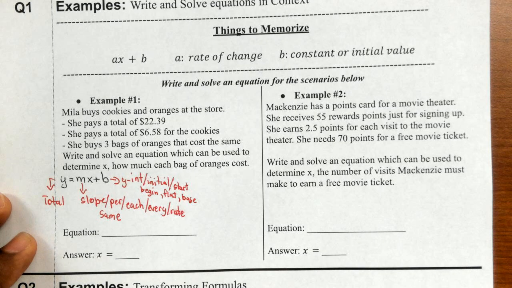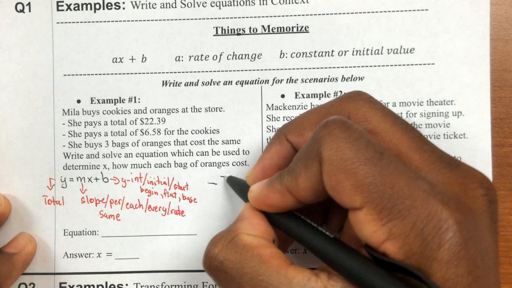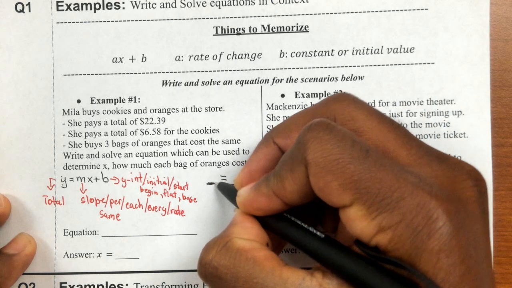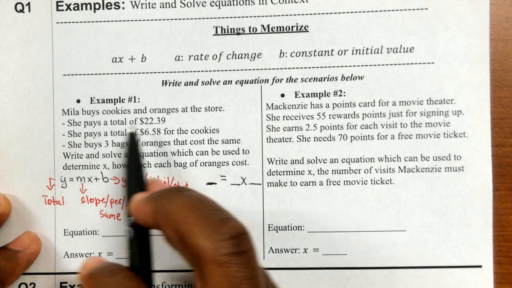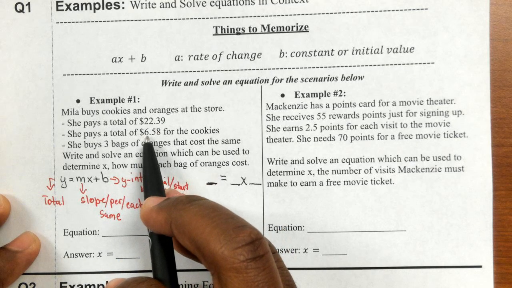So what we're going to do is make an equation where we have some total equal to something times x plus something. What do you think represents your total? Yup, the 22.39. Why not the 6.58?